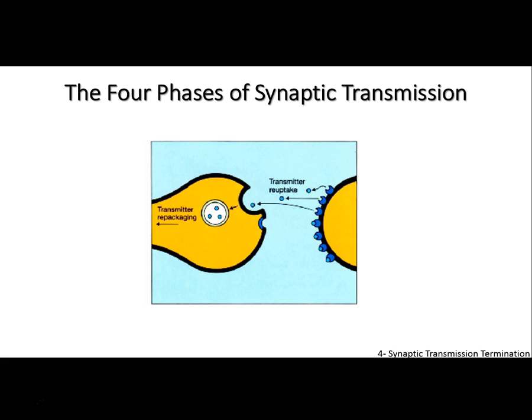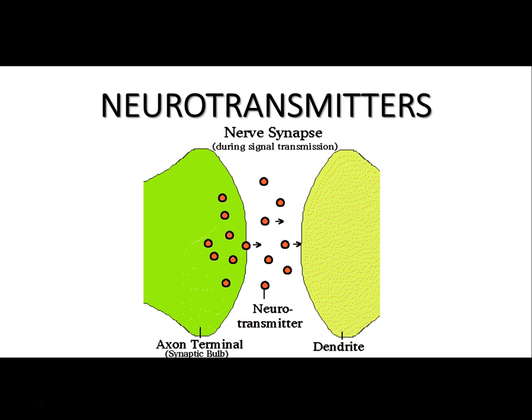This happens by either enzymatic degradation or reuptake and recycling of the neurotransmitters into the presynaptic neuron.